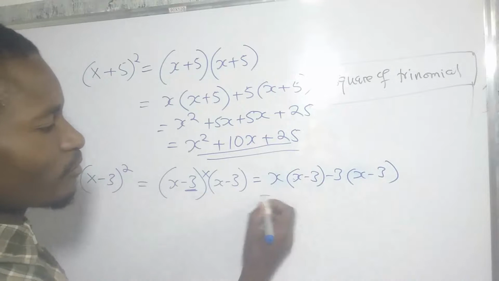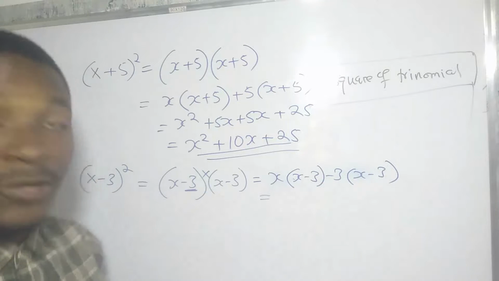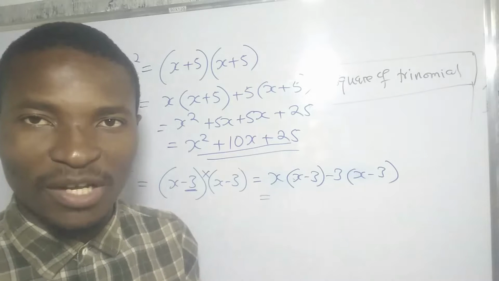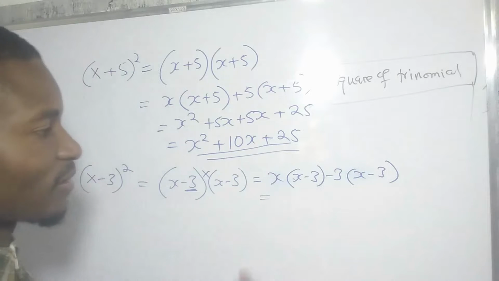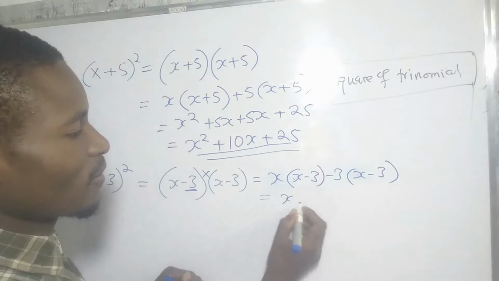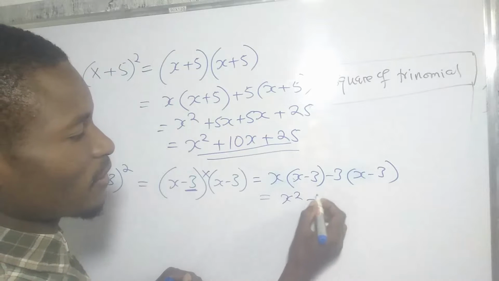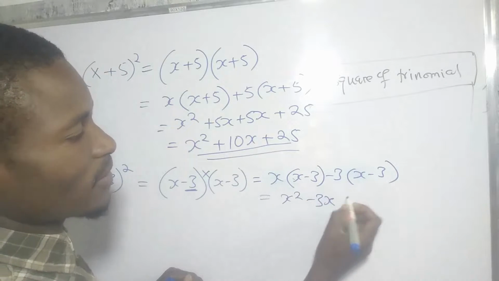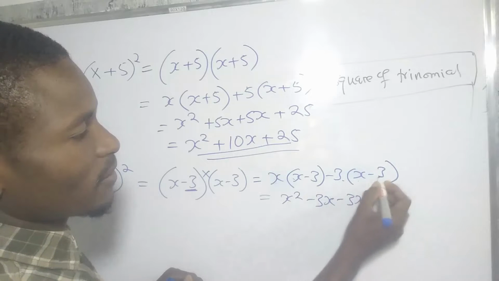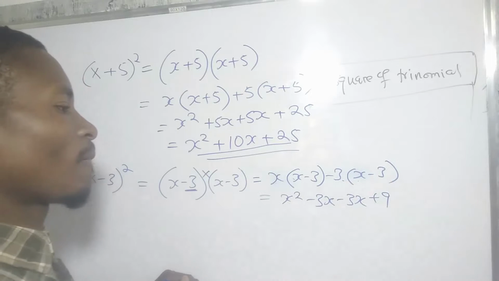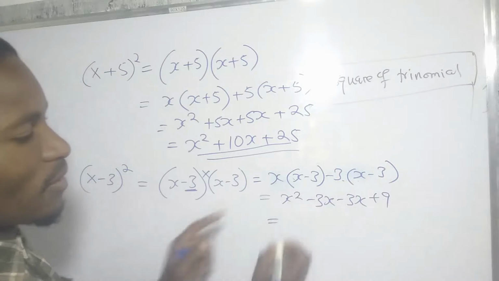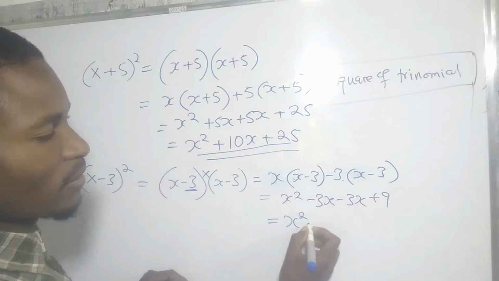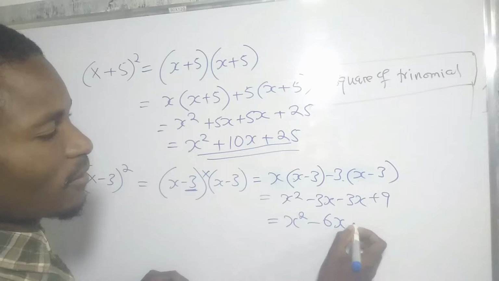Now you start expanding to get a trinomial. I hope you can now see the pattern. This times this, x squared; this times this, minus 3x; this times this, minus 3x; this times this, plus 9. So this is x squared minus 6x plus 9.